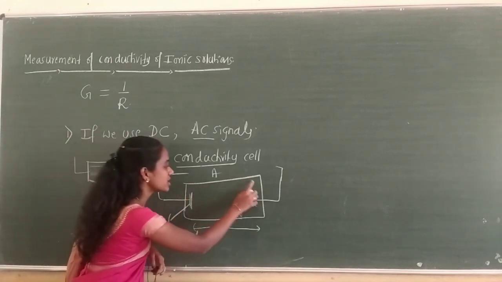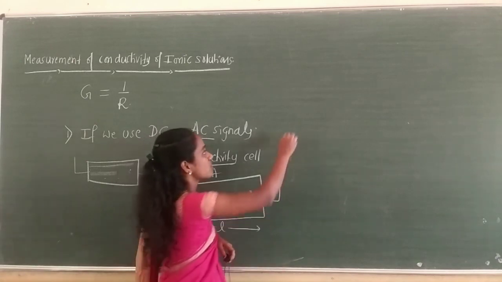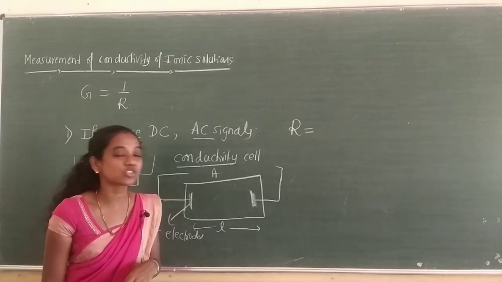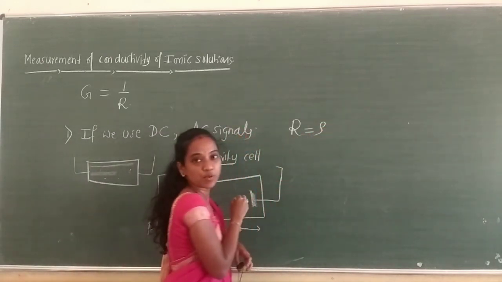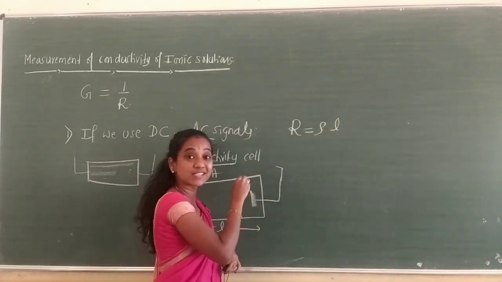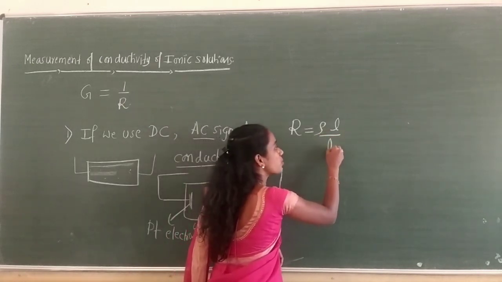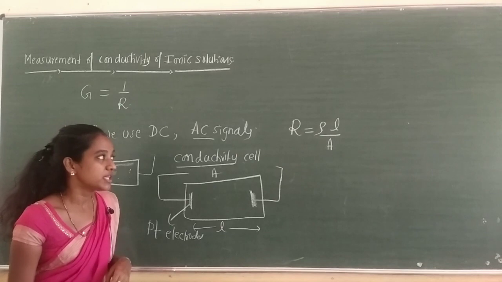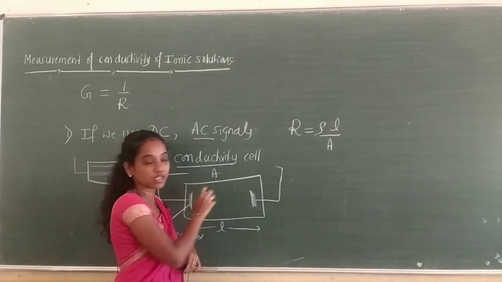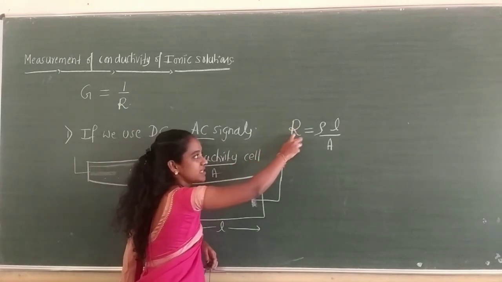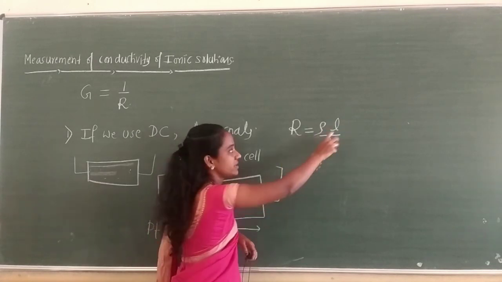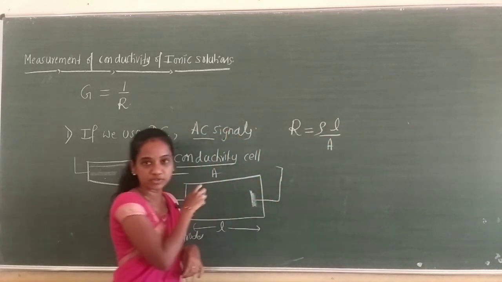Now, while measuring the resistance of the solution, we have one formula, which I already told in the last class: the resistance R of the solution is directly proportional to rho, the resistivity, and L, the distance between the electrodes, and inversely proportional to the area A. Our aim is to find the resistance of the solution, and for that we need to know these three terms: rho, the resistivity, L, and the area of the conductivity cell.